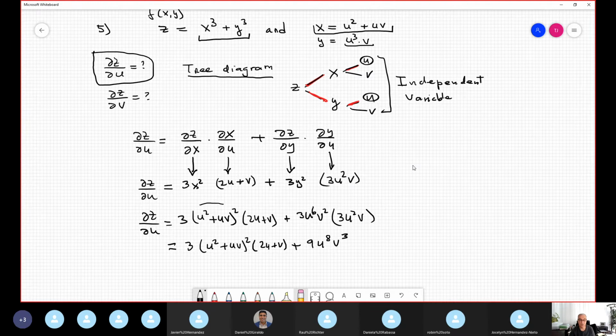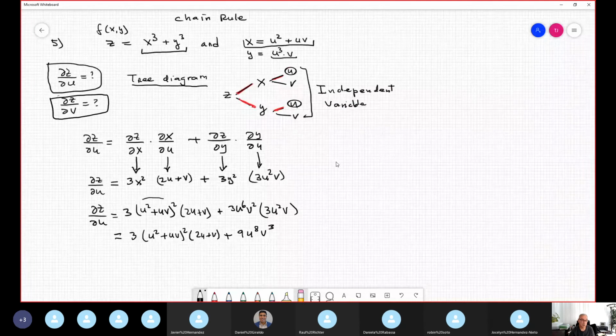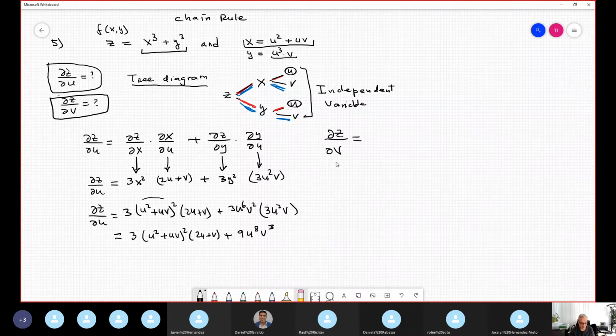The other branch is similar. In order to find dz dv in the tree diagram, you move along this trajectory: this, this and this. Therefore, dz dv is equal to dz dx times dx dv.